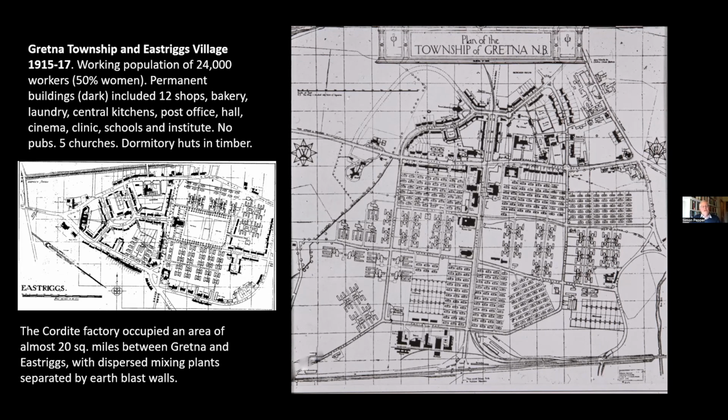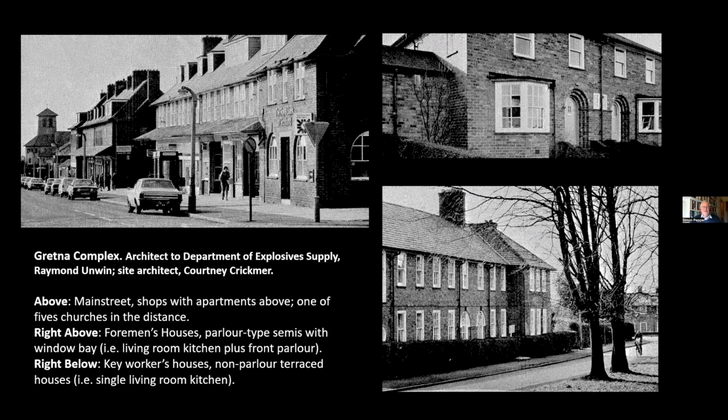But altogether, 24,000 people, roughly at maximum occupancy, lived in the camps. The camps are shown in light tone. The permanent buildings are what we should be looking at, because this represented the other model for social housing in the 20s and the 30s.